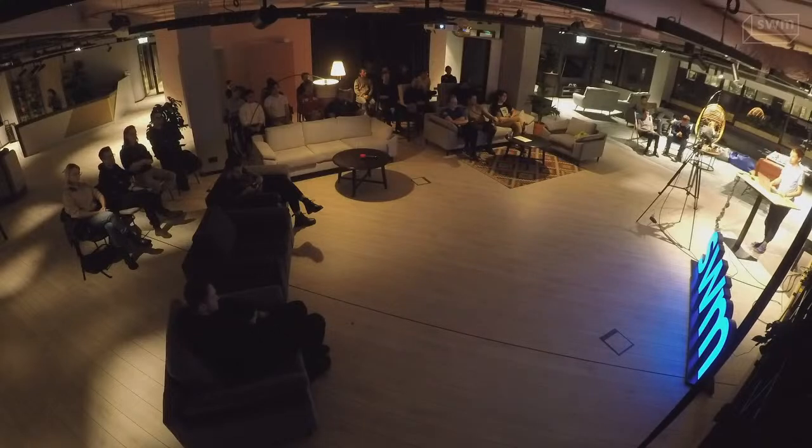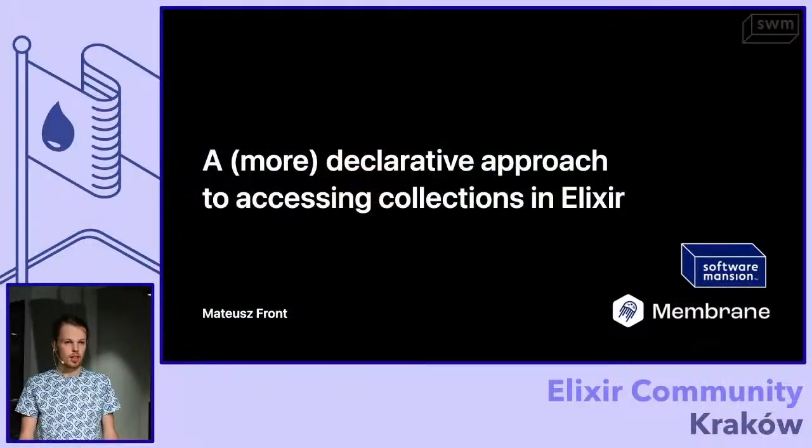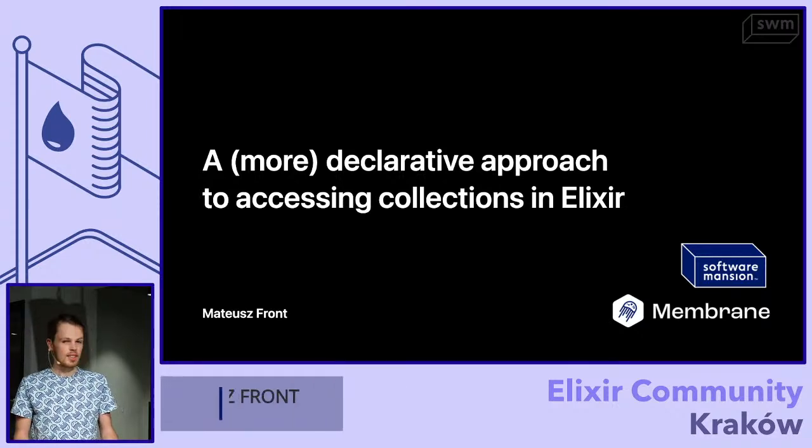Okay, can you hear me? Perfect. So, hello, my name is Mateusz, and this will be about a more declarative approach to accessing collections in Elixir. I'm going to start with a disclaimer that the approach I'm going to show is not as battle-tested as GenStateM.